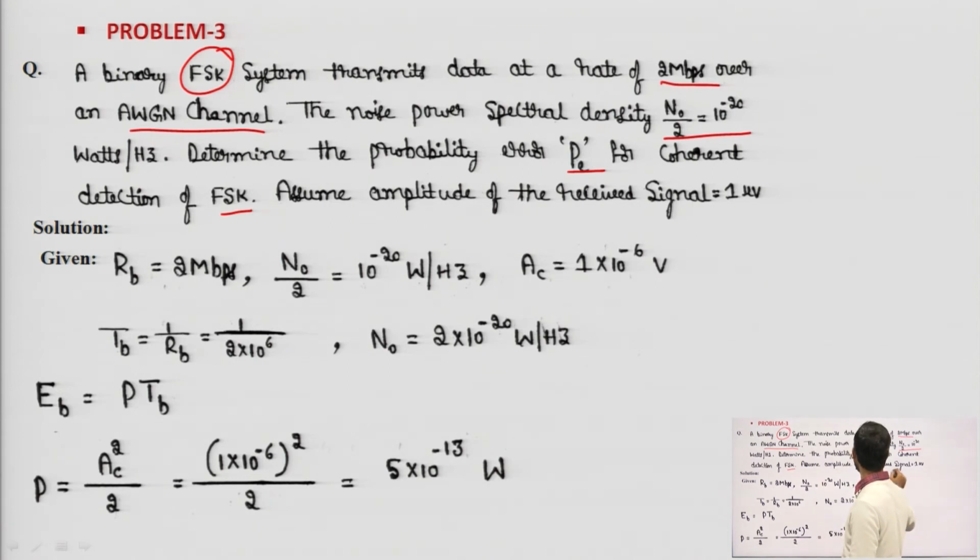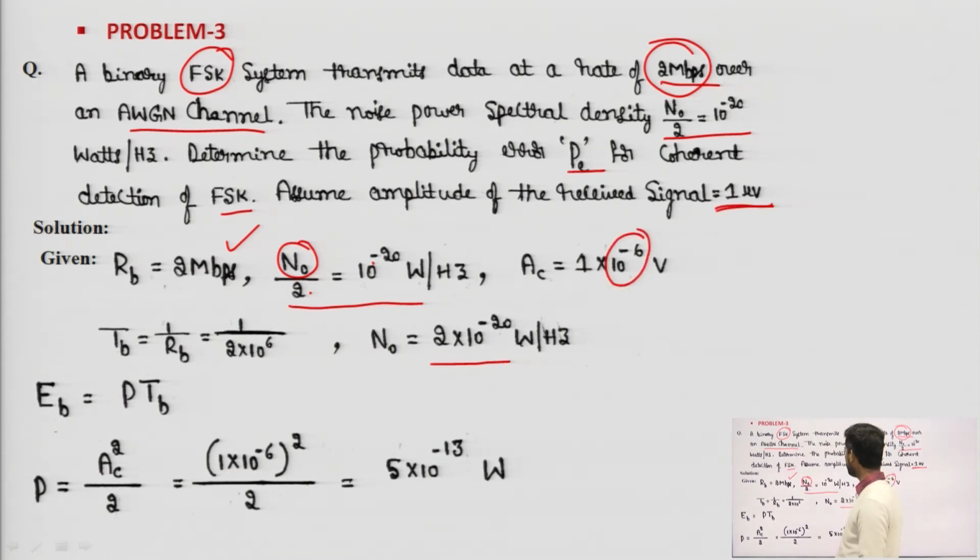Assume the amplitude of the received signal is 1 microvolt. So here RB is given, 2 Mbps, and N naught by 2 is nothing but this much. So from here I can get N naught equal to 2 times 10 to the minus 20. AC is given as 1 microvolt, that is 10 to the minus 6 volt.